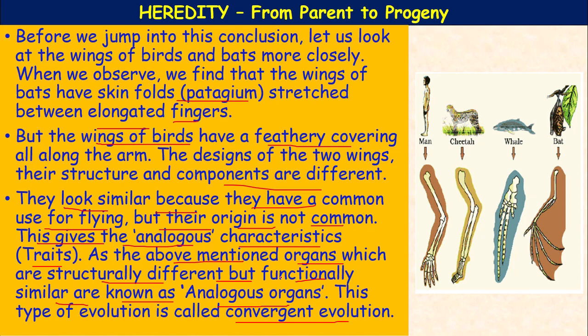Another example I will give you: wings of butterfly, which are chitinous, birds, which are feathery, and pterodactyl, which has a skin fold, patagium. They serve the same purpose of uplifting the body in air, means flying, but differ in structure. The study of analogous organs illustrates the occurrence of which evolution? Convergent evolution.